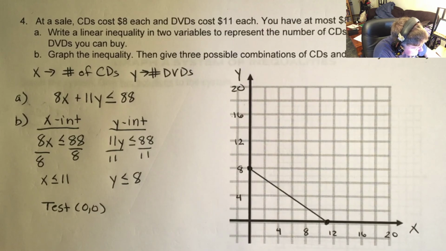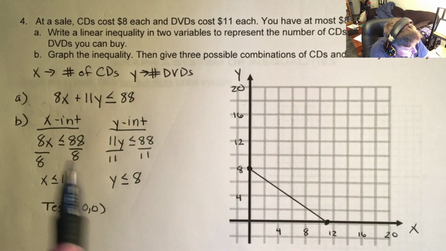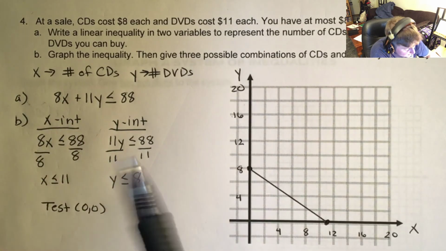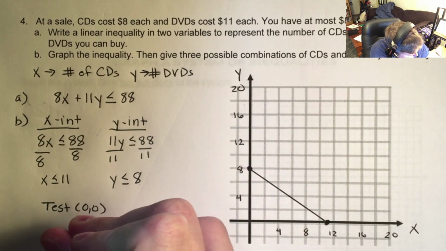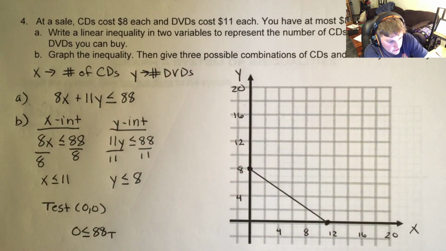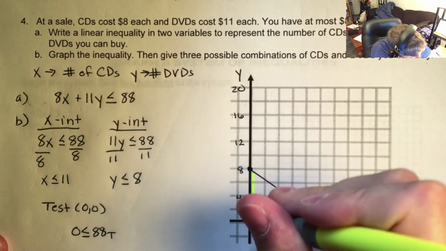When I plug in 8 times 0, that's 0, plus 11 times 0, that's also 0. So 0 is less than or equal to $88, which is true. So that means we're going to shade on the side that would include 0, 0, which is below.